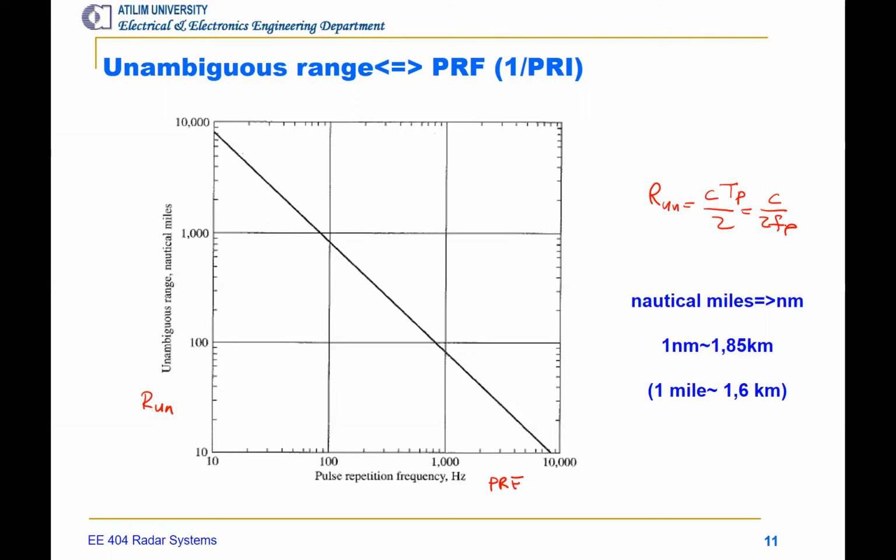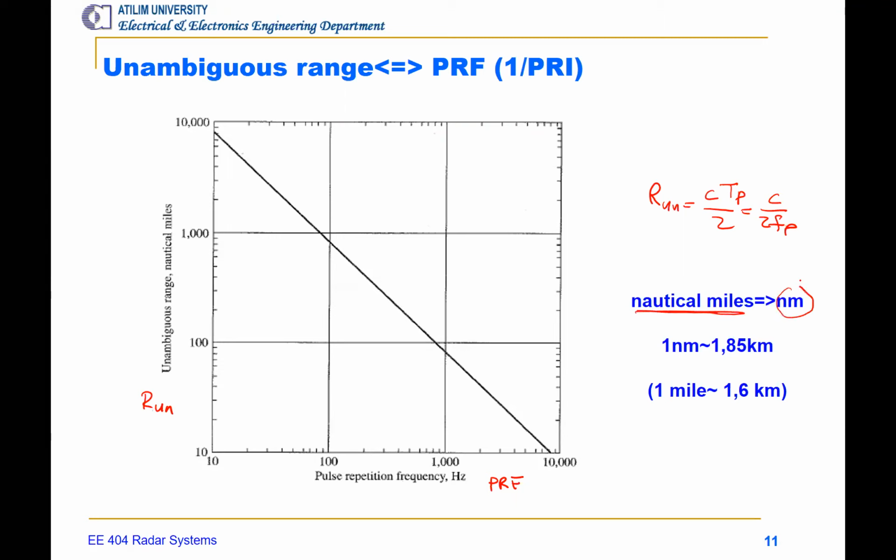And we can make a graph like this and simply read unambiguous range versus pulse repetition frequency. Is that related to the bandwidth? No, it's just about pulse repetition interval, right? Nothing else.